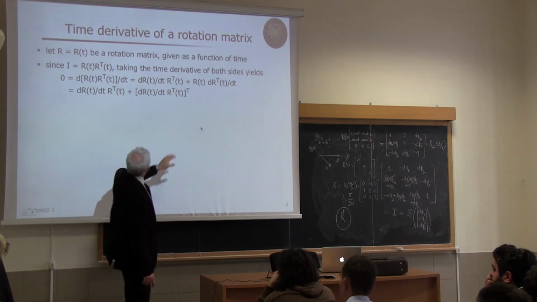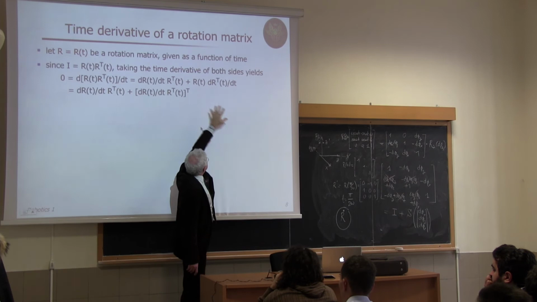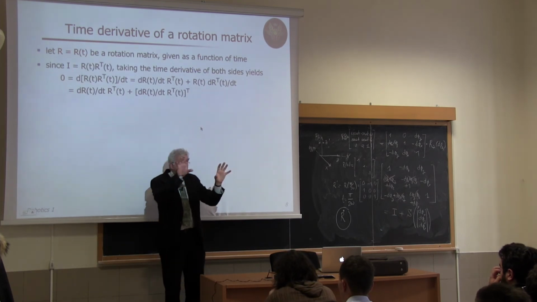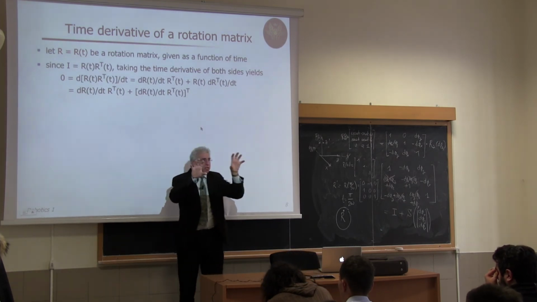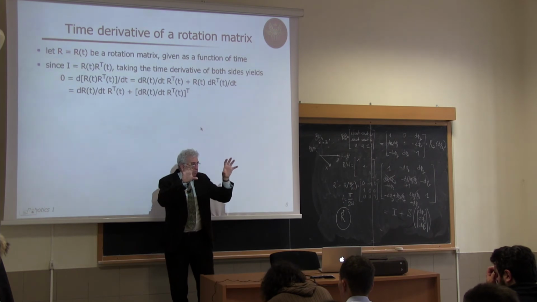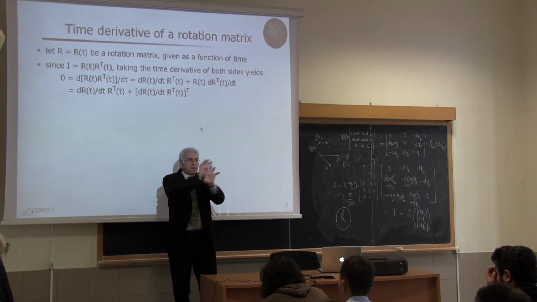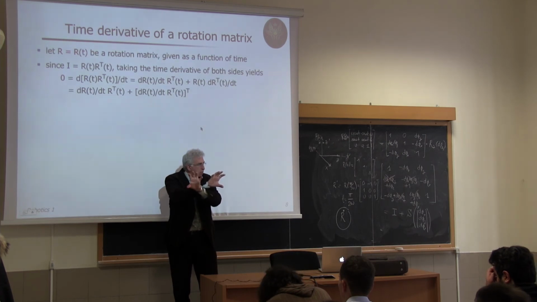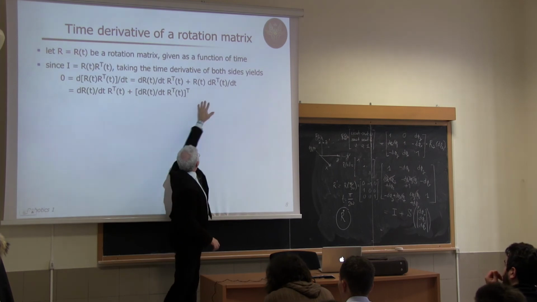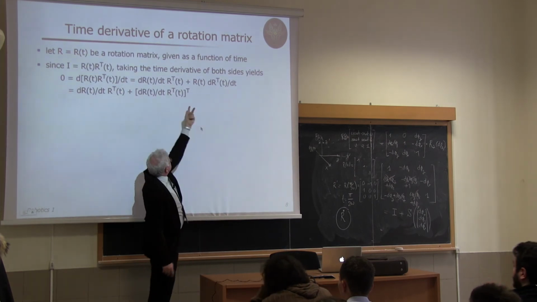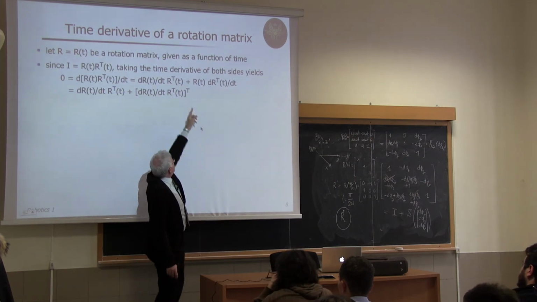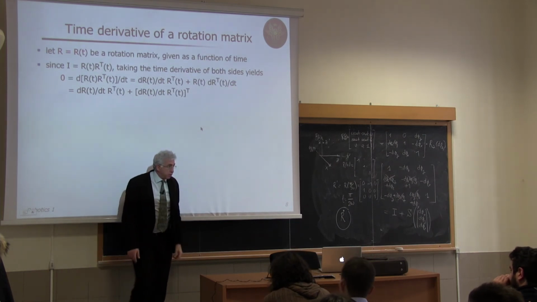Now this is a product of two matrices, R and some matrix which is the time derivative of R transpose. I don't know how it is done, but now I can switch them and transpose. Okay?